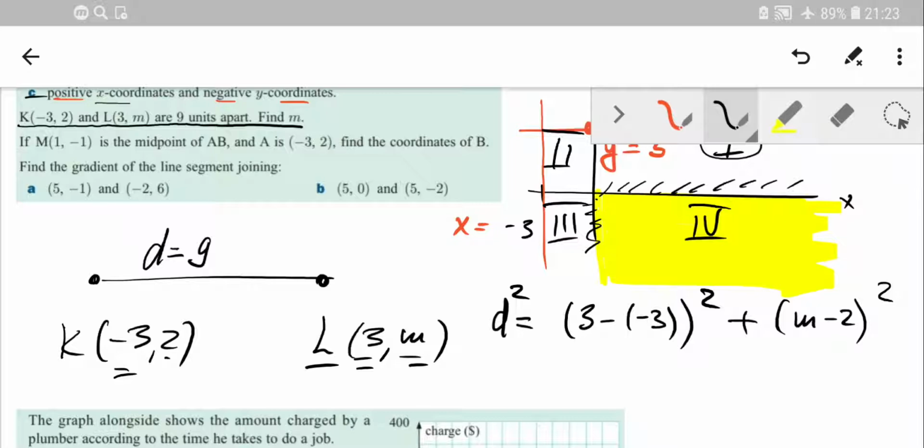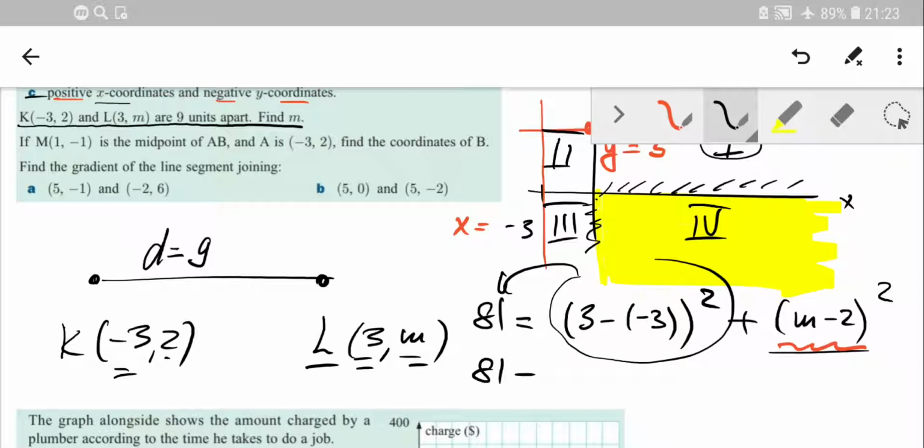In order to find m, instead of distance we put 9, because d is 9, so we get 9 squared, 81. Then we transfer the whole block here, because we need to be left with m minus 2 squared. So 81 minus 6 squared, which is 36. That's the result for m minus 2 squared.